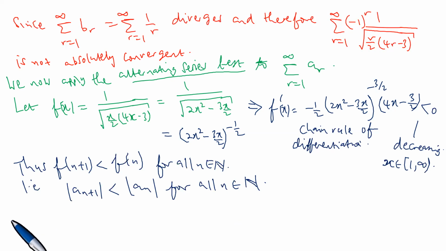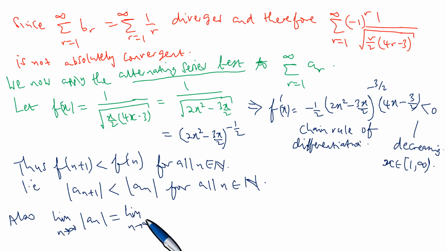Also, we take the limit of a_n, and it must be 0. It is 0 because if you consider this one here, n over 2 for n minus 3, this is equal to 0.